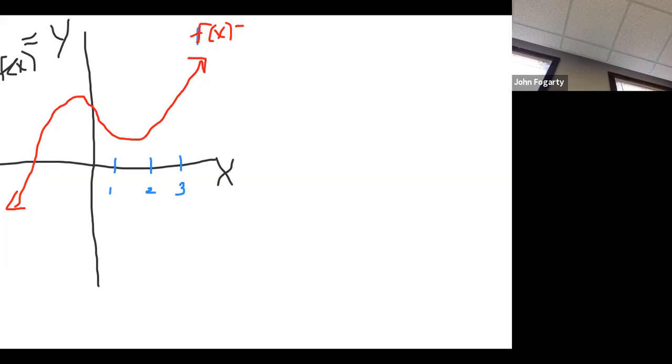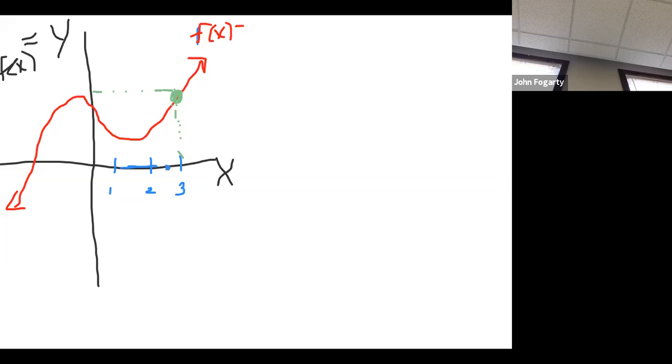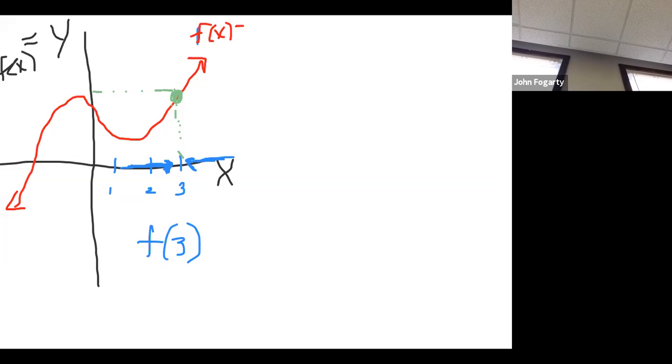So I would simply look at my picture. When we are trying to find a limit, what we're trying to do is figure out what number my function approaches as I get closer and closer to this value 3, from both sides, either from the left or from the right.